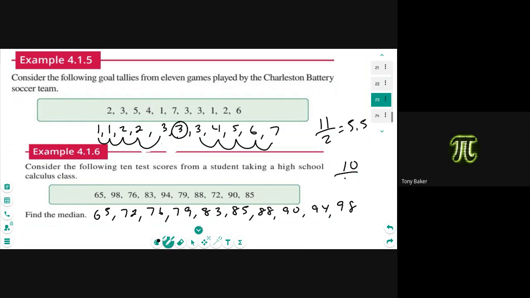So if we do 10 divided by 2, we get 5. Okay. So you count over 1, 2, 3, 4, 5.